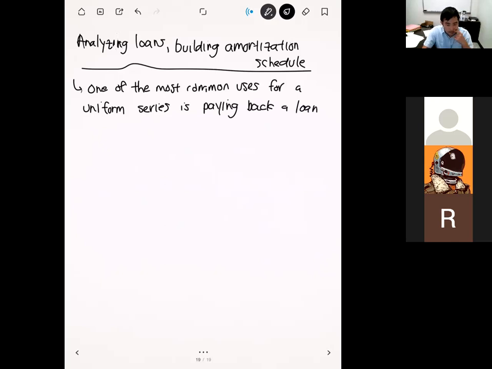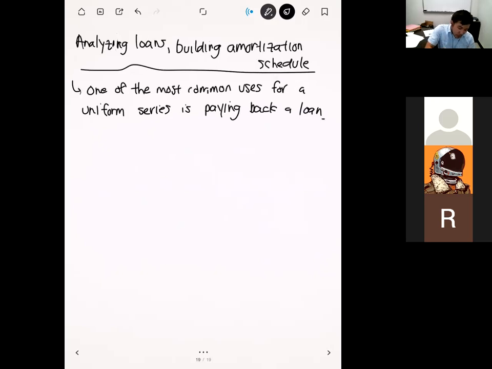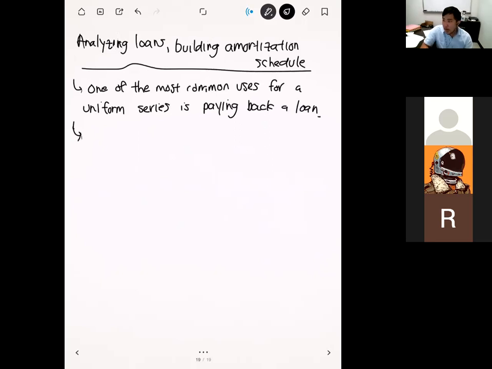Of course, this is used professionally, but it's also used by a lot of individuals as well. And a useful tool to help you organize your payments and keep track of everything is known as an amortization schedule.